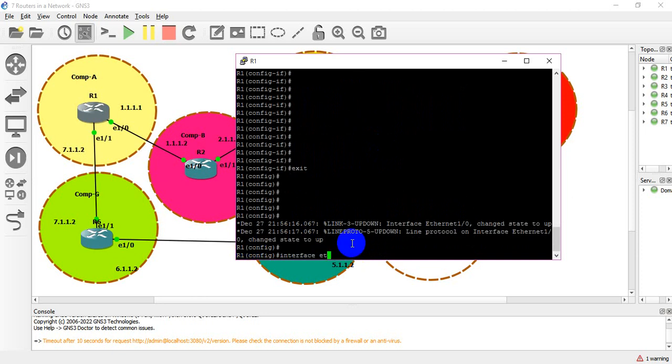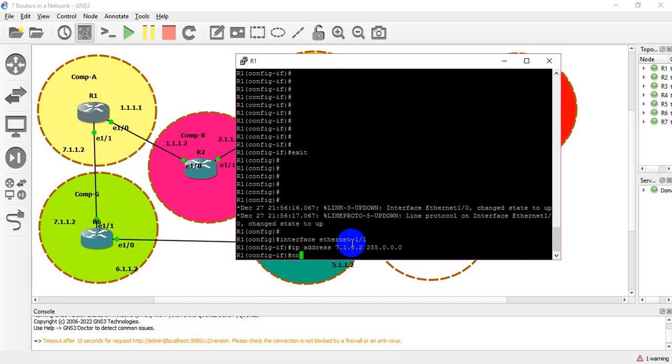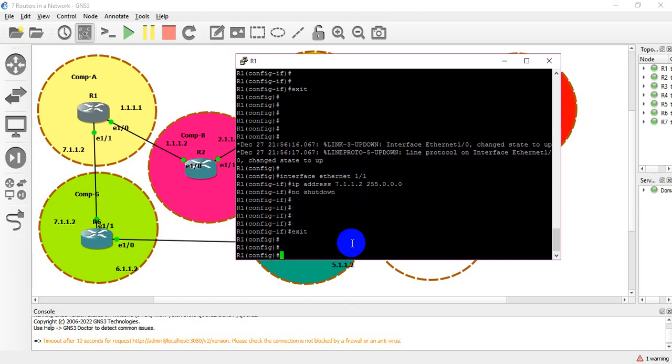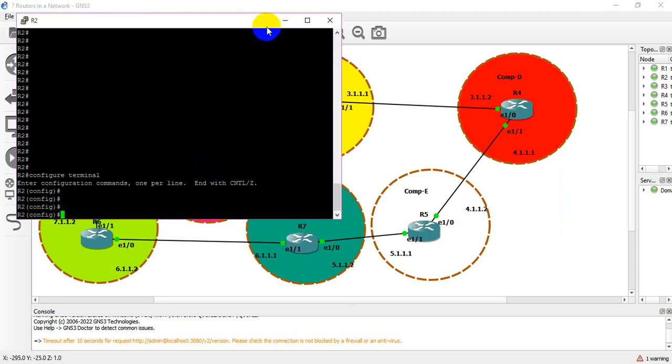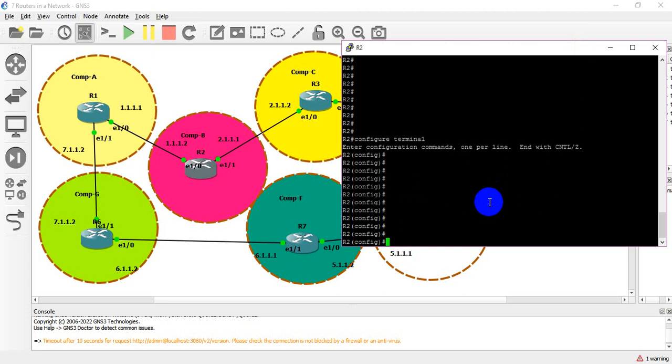Right, interface ethernet 1 by 1, IP address 7.1.1.2 255.0.0.0, no shutdown, exit. And same procedure for all company routers to give them IP addresses so that they can communicate through logical addresses.